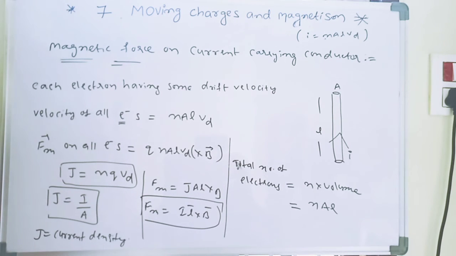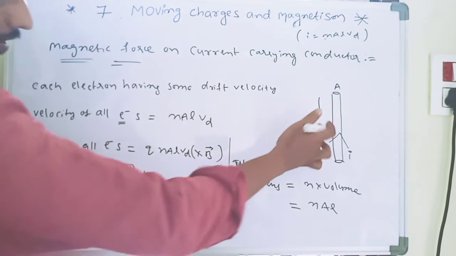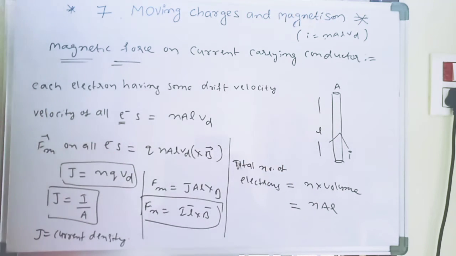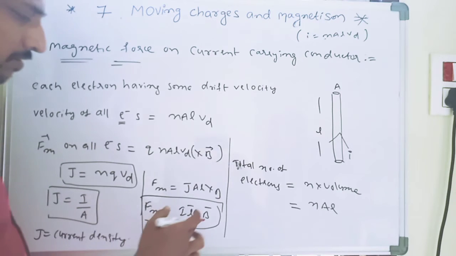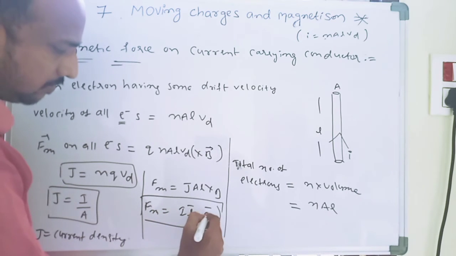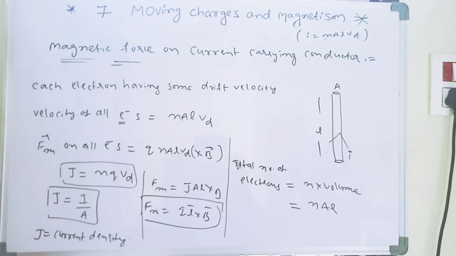This is the magnetic force. So what about the direction of magnetic force? The direction of magnetic force depends on L cross B. L is length and B is magnetic field. For example, A cross B is equal to AB sin theta.